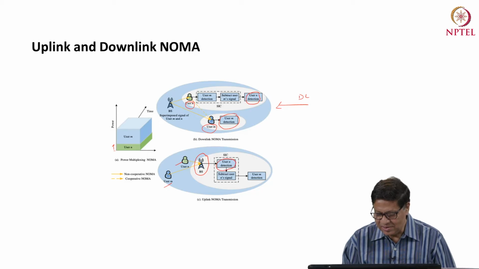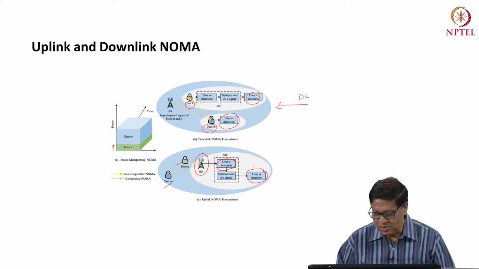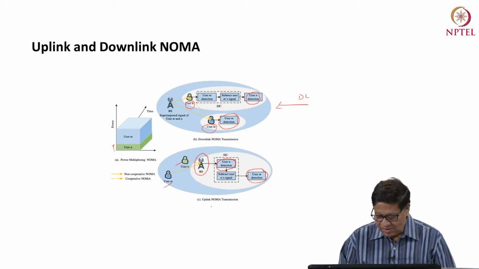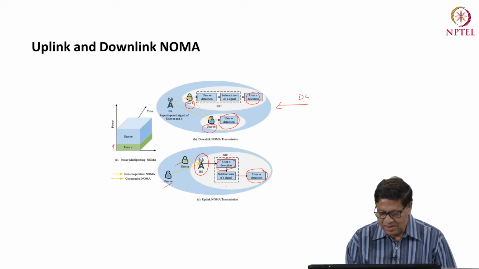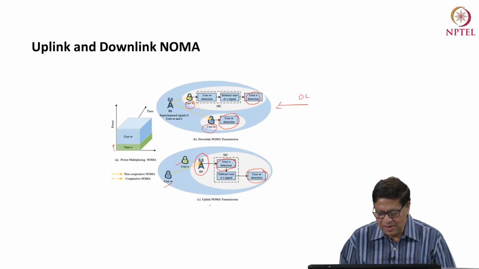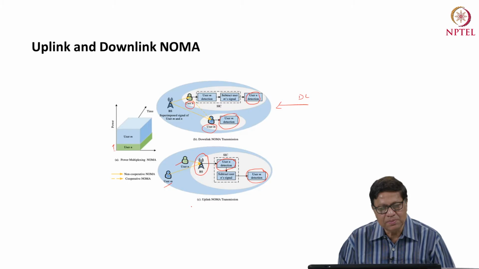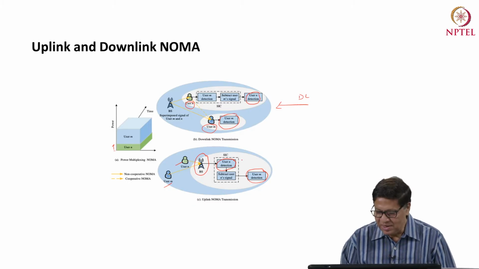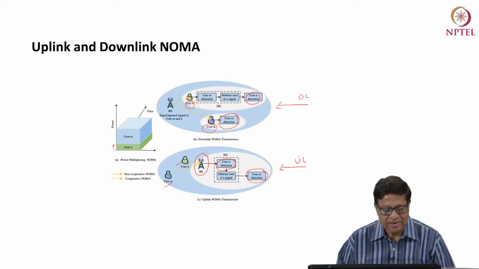So user N detection is done, and then this is subtracted from the signal, and you are able to detect user M. So this is an example of uplink. In downlink, the SIC takes place at the user end, whereas in the uplink, the SIC takes place at the base station. And the performance gain for uplink and downlink is different. This we have already studied when we were discussing NOMA.